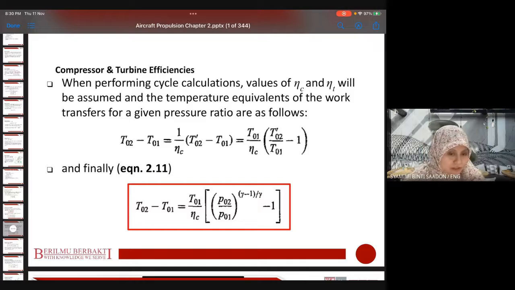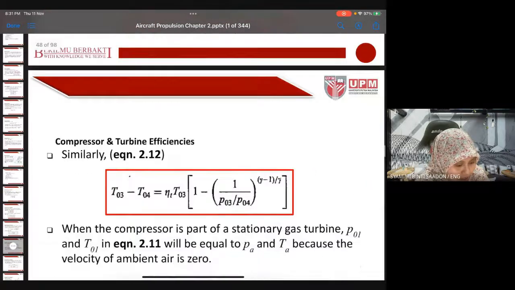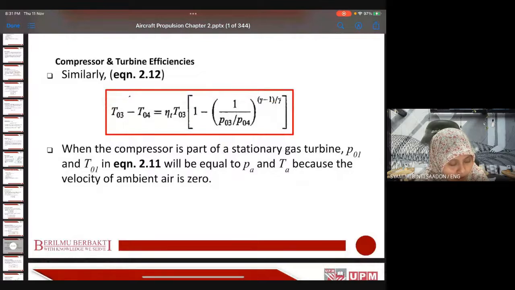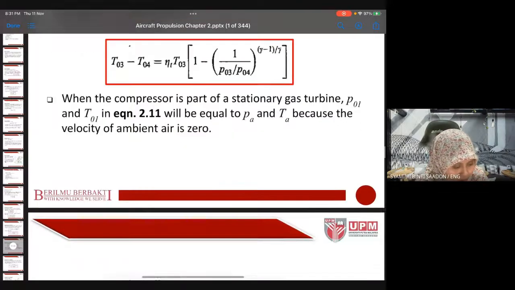If we rewrite the equation, we can link the compressor efficiency with the pressure ratio of the compressor. For the turbine also, the turbine efficiency with the pressure ratio of the turbine, PO3 over PO4.